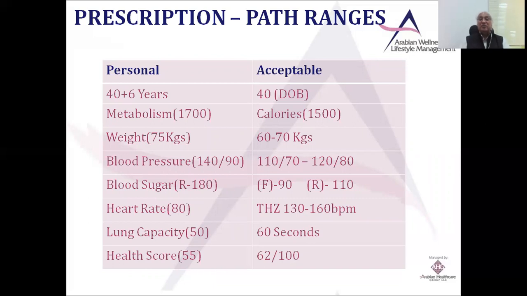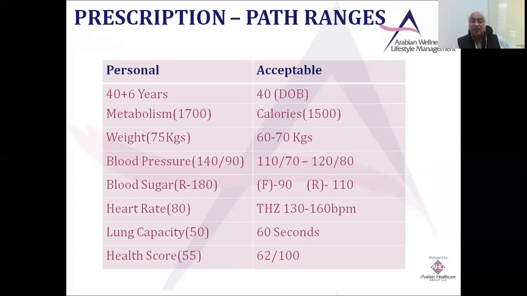We talk in terms of your metabolism. You should eat 1,500 calories, but you're currently eating 1,700. Your weight should be 70, but your current weight is 75. Your blood pressure should be 120/80. It is 140/90. Your random sugar is 180. It should not exceed 110.